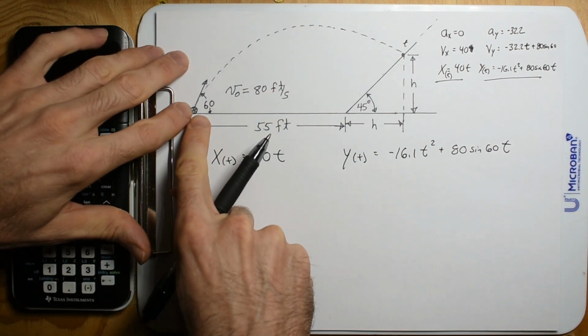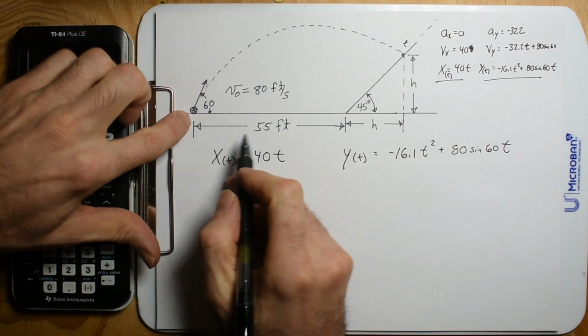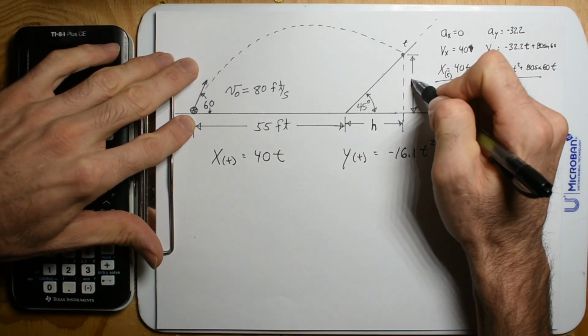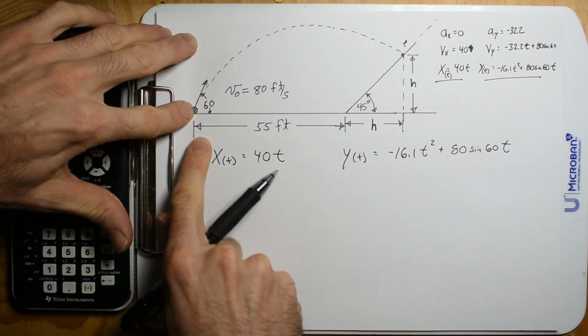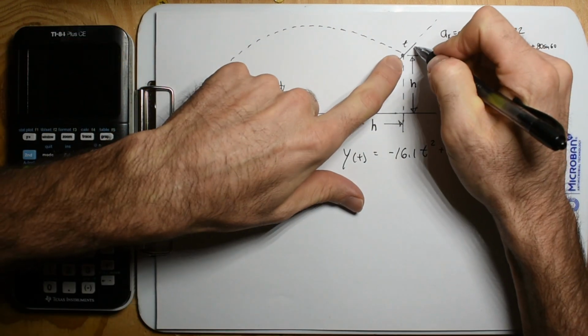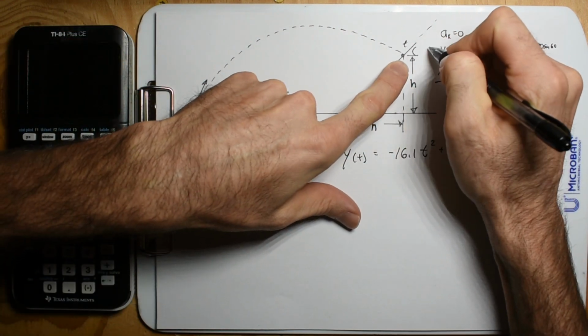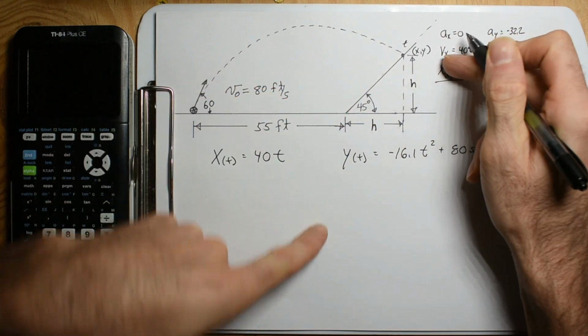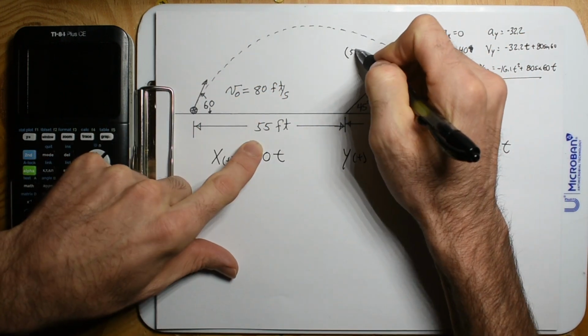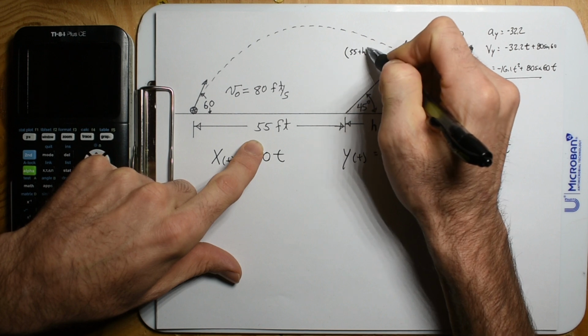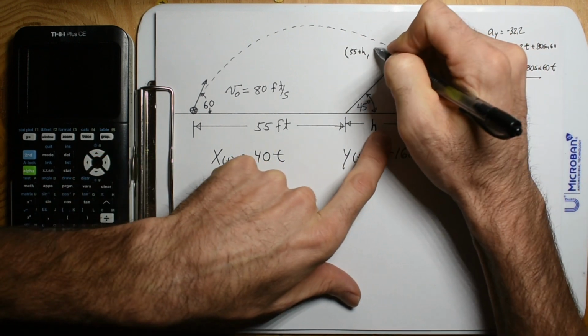And so what is my x? I'm just using the variables that are on the page, and I'm saying my x location. I'm going to basically find the location of this with x and y. So my x term is going to be 55 plus h. My y term is going to be h.